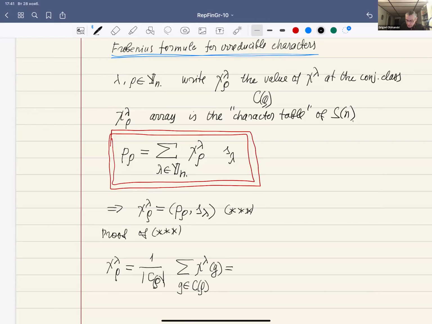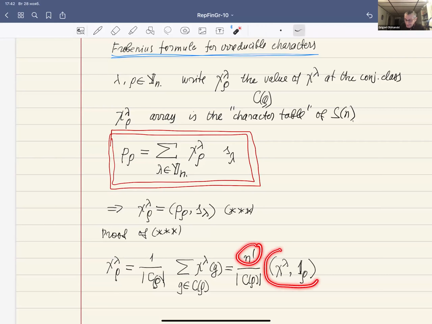But this can be written as follows: the cardinality of this set and the scalar product with this characteristic function. This scalar product assumes normalization by a factor of n, so we add this.